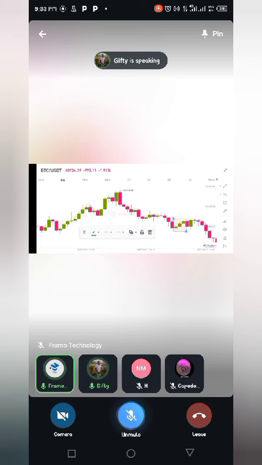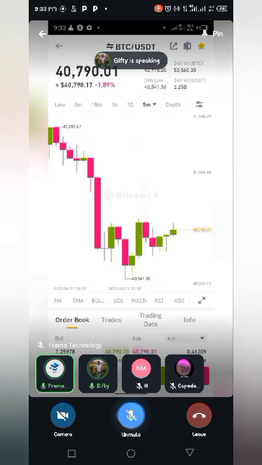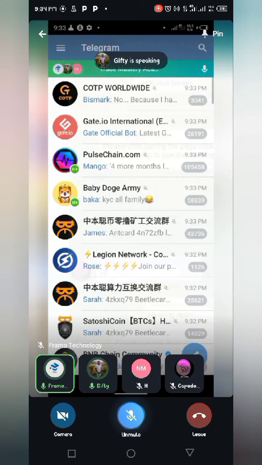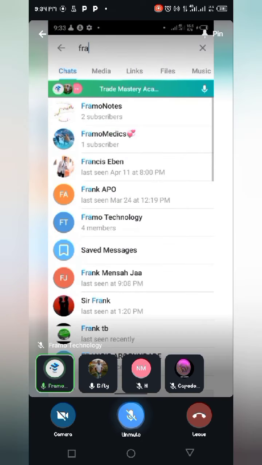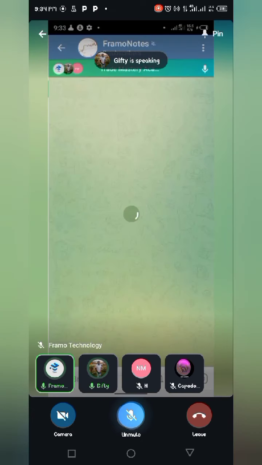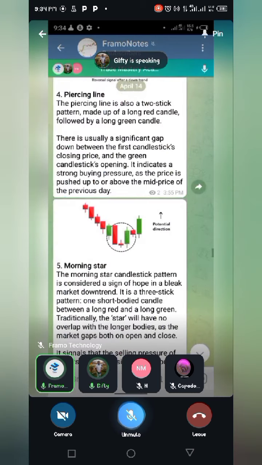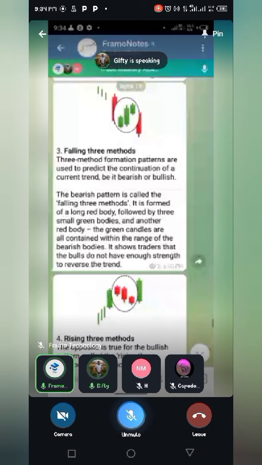I think the image is very nice, so I have to take a screenshot. This is falling three methods. Sorry. Have you seen it?